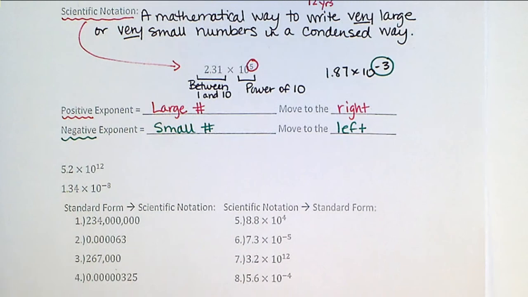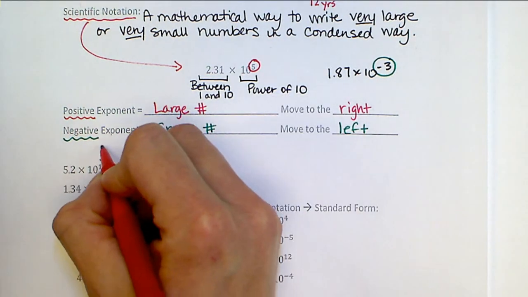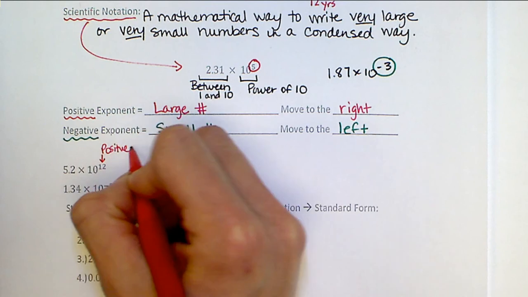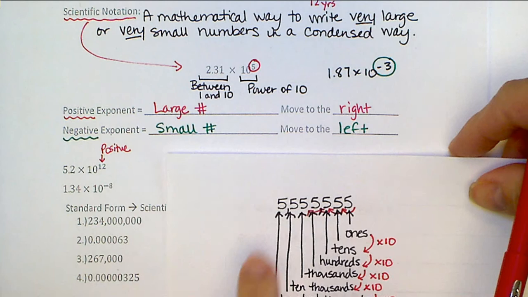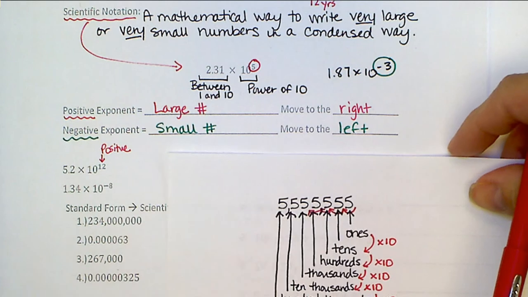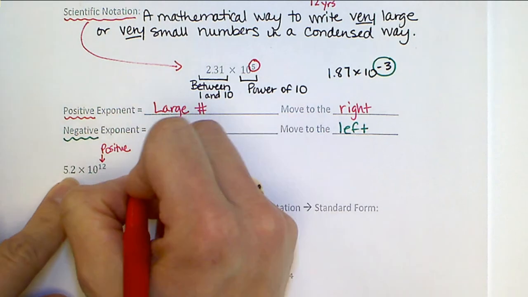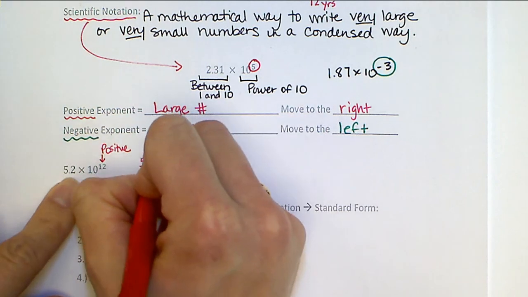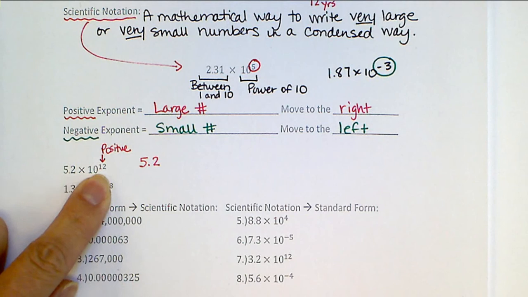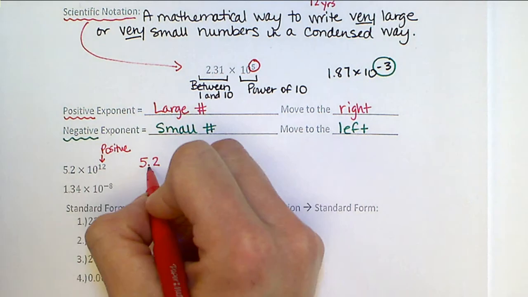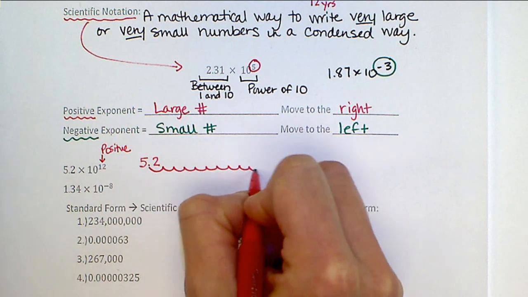This number right here is positive, so we're going to move 12 places to the right. You take your decimal, 5.2, and count 12 places to the right: 1, 2, 3, 4, 5, 6, 7, 8, 9, 10, 11, 12.